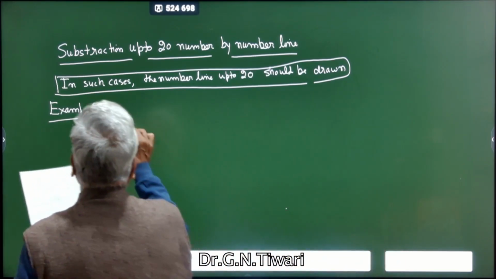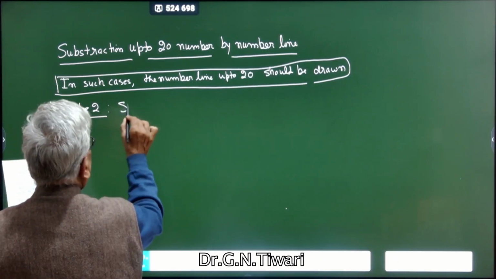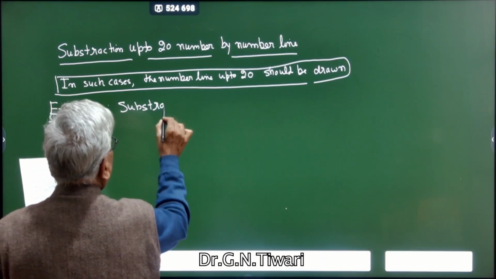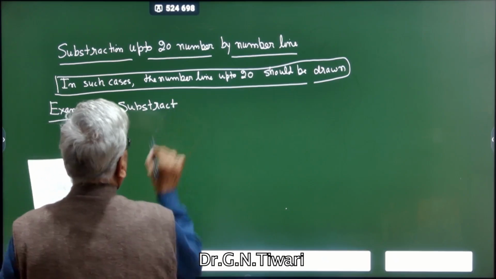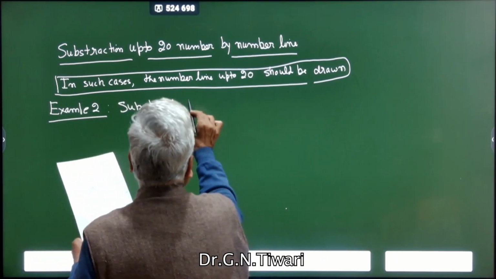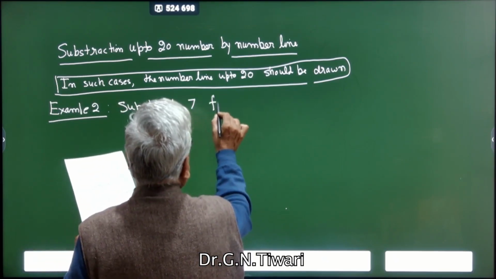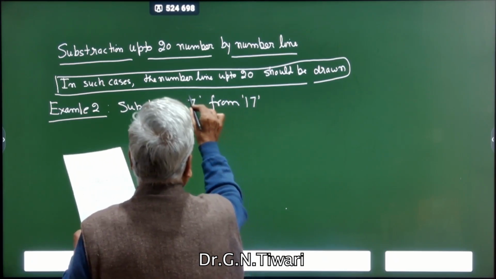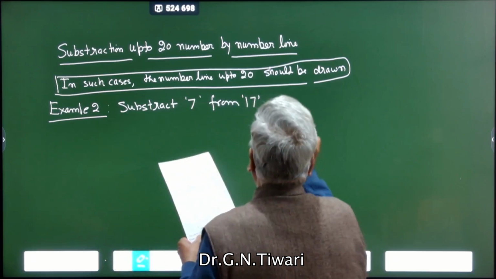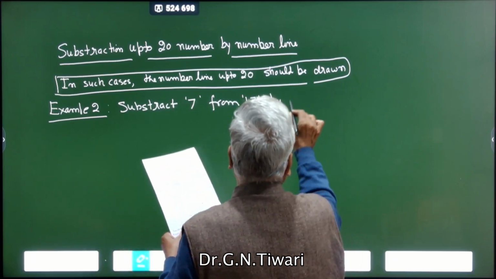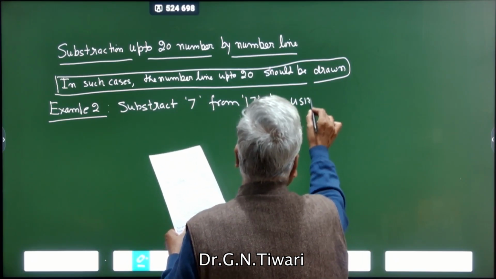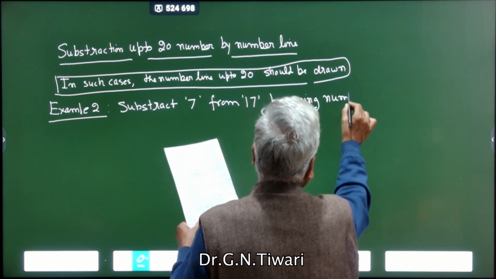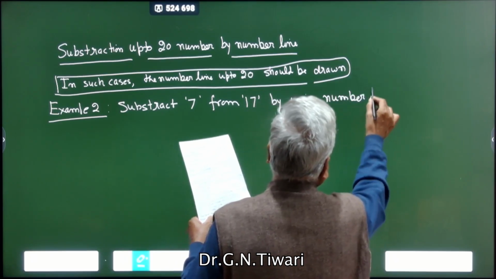Subtract 7 from 17 by using number line.